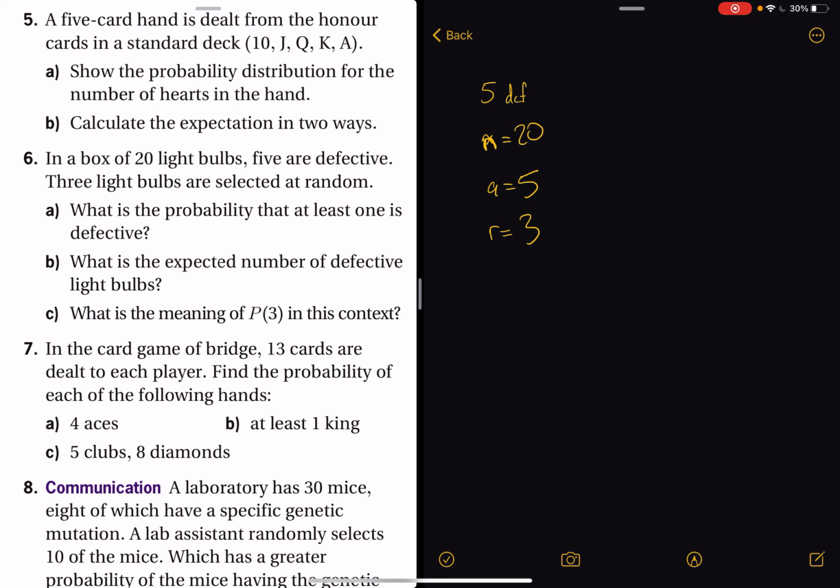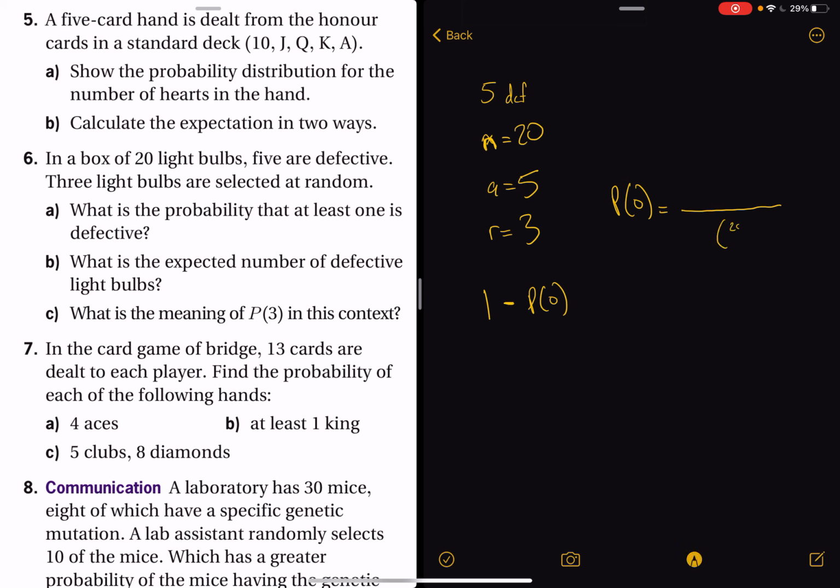So to do at least 1 is defective, it's 100% minus 0, right? What's the probability that nothing is defective? That's the way we'd solve it. The probability of 0 being defective is, well, what's NS? We're going to choose 20. We're going to choose 3.